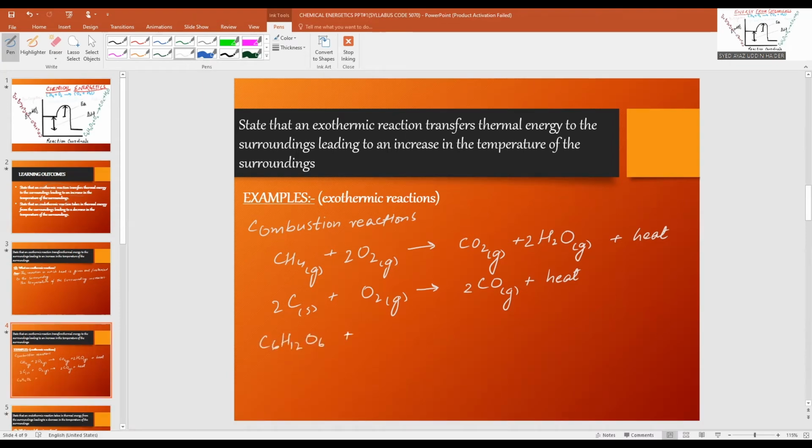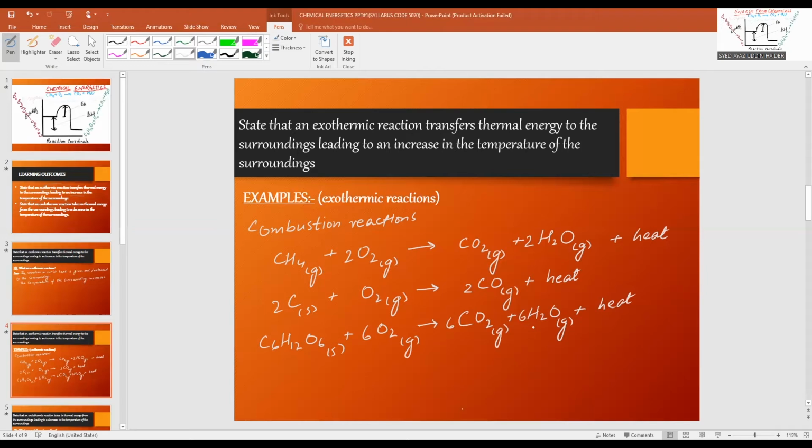This is glucose, oxygen, products are carbon dioxide, H2O, and heat. Write the state symbols. Let me check whether this equation is balanced. No, it's not balanced.